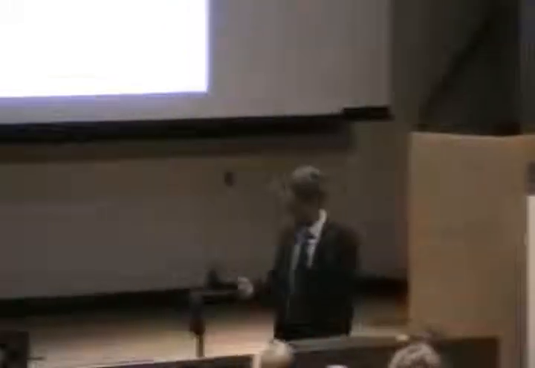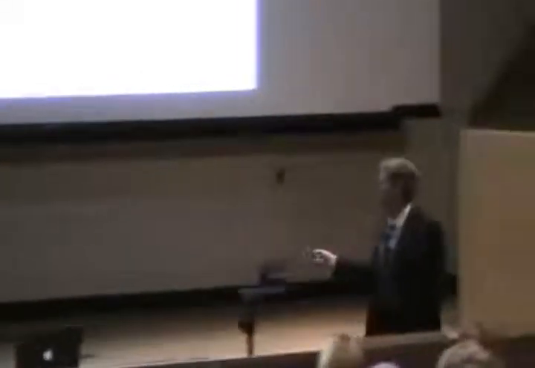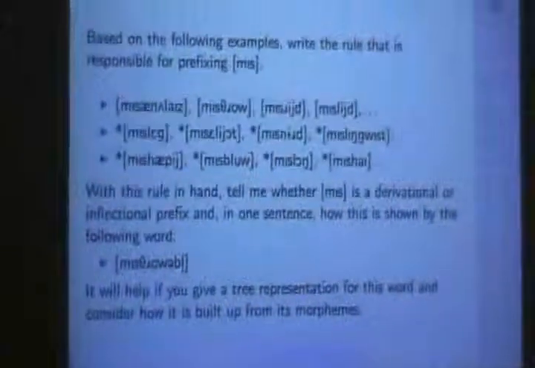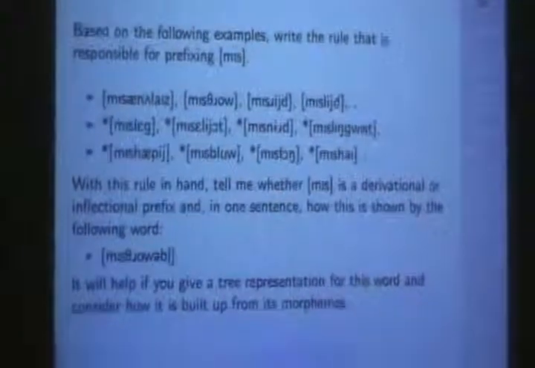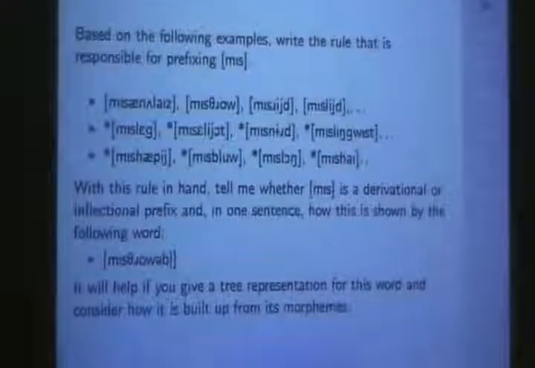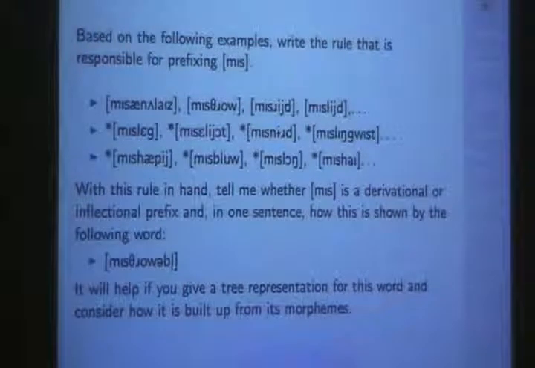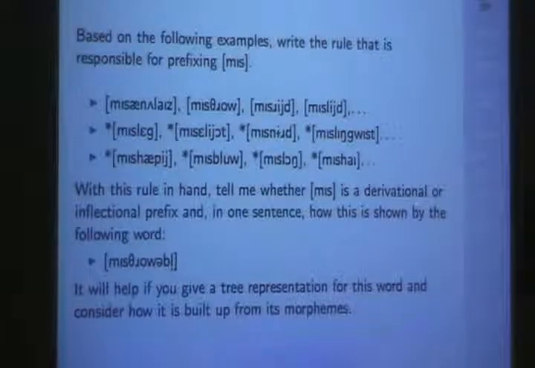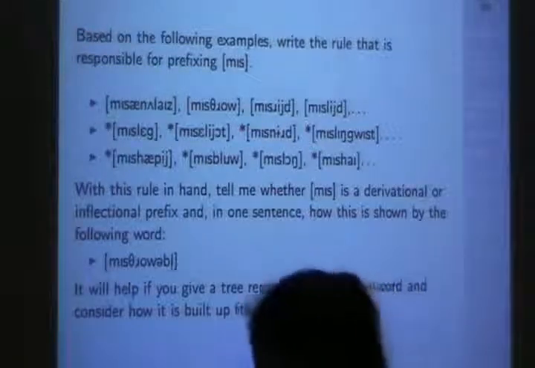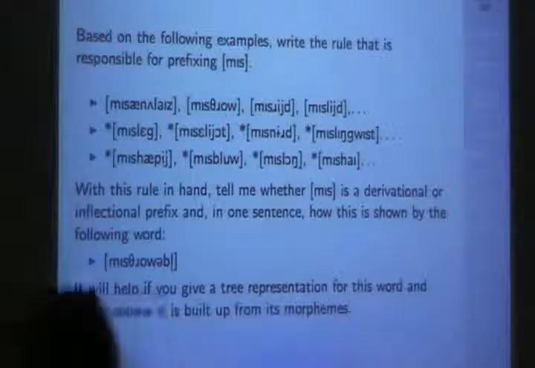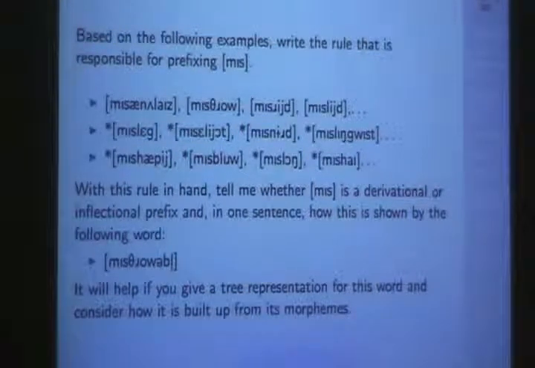Okay? And in this particular case, what I'll tell you is, it's useful to look at this word, misthrowable, which uses mis, and to consider how it was made. That will give you an important clue to making this decision about whether mis is derivational or inflectional. Okay? 2 questions, that's it. The first, a series of trees showing me how the words were built. The second, 2 answers, a rule that tells me how mis works, and then it's derivational, or it's inflectional, and here's why. Any questions about this?